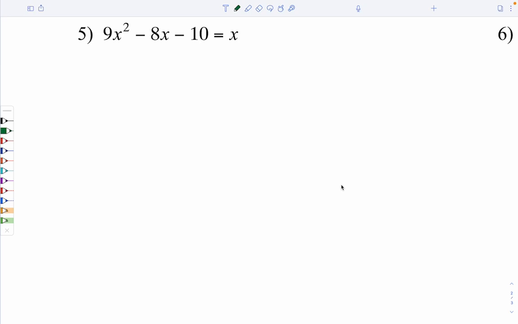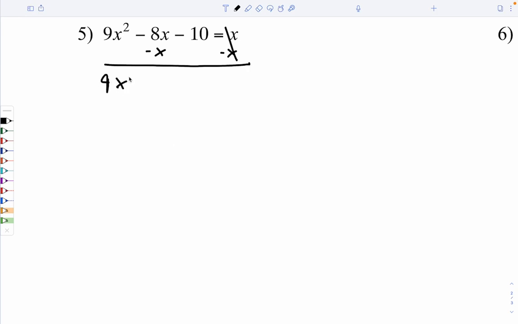All right, so first off, make sure it's equal to 0. Is this equal to 0? It is not. So since it is not equal to 0, I need to make it so. So this x here needs to move over to this side, and it can be combined with this other x. So I can do minus x to cancel it out here, and then I can combine it with this other negative 8x, since those are like terms.